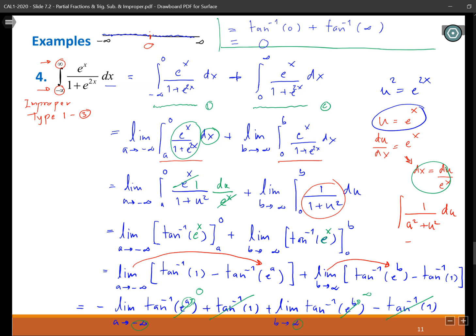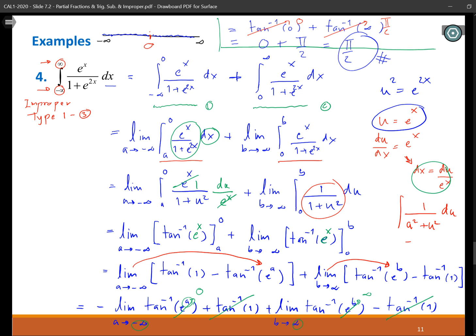And the angle that makes tan go to infinity is when the angle is pi over 2. And as a result, the final answer for this one is going to be pi over 2. Once again, this arctan of 0 is 0, and arctan of infinity is pi over 2. Alright, so for this one, I'm sorry for the mess, but the final answer is pi over 2. Okay?